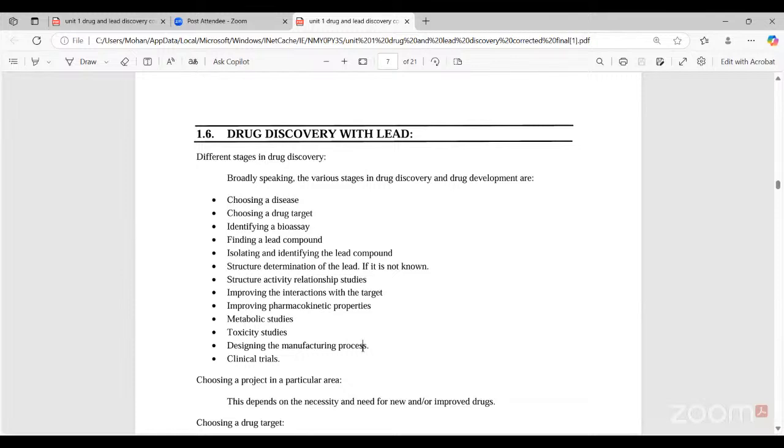Once the drug compound is satisfying all these properties, you have to design the manufacturing processes for marketing. Then you prepare or synthesize, that is, you manufacture that particular drug compound which is under investigation. Then you go for the clinical trials.